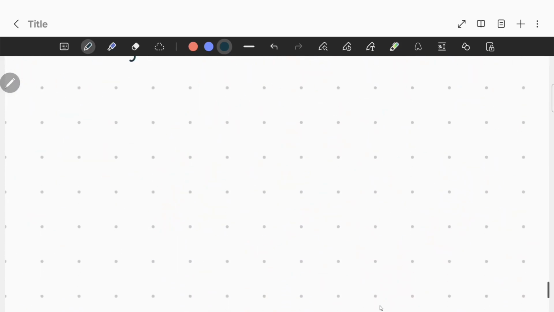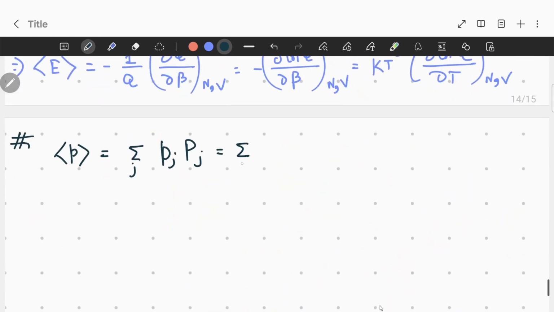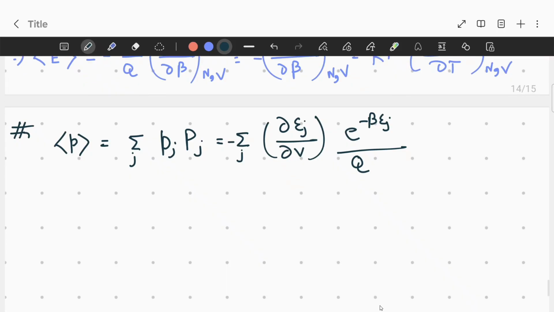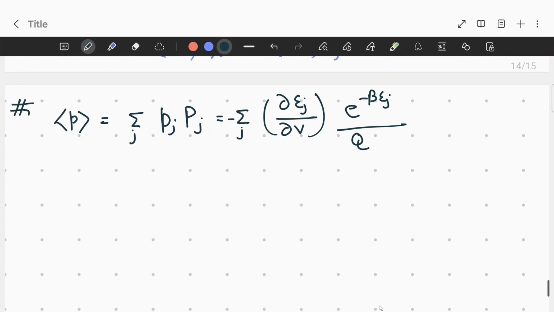Probability. What was Pj? Minus del Ej del V. And it is e to the power minus beta Ej divided by Q, where Q is the sum over j of e to the power minus beta Ej. So what can you write now? Here del Ej del V is there.